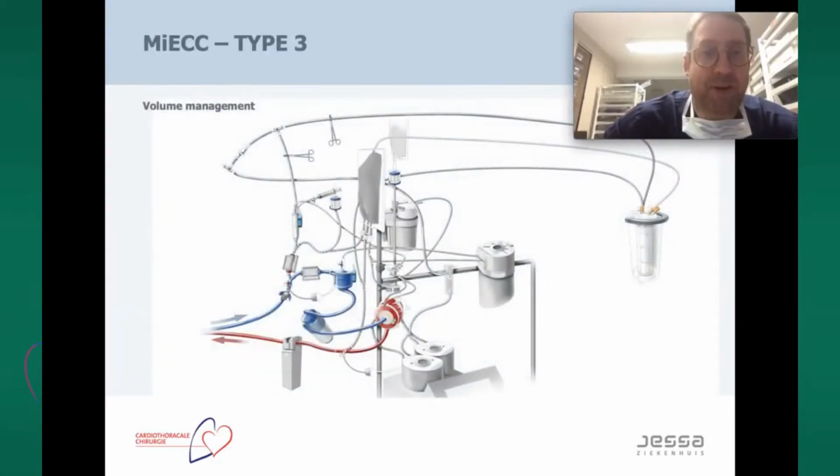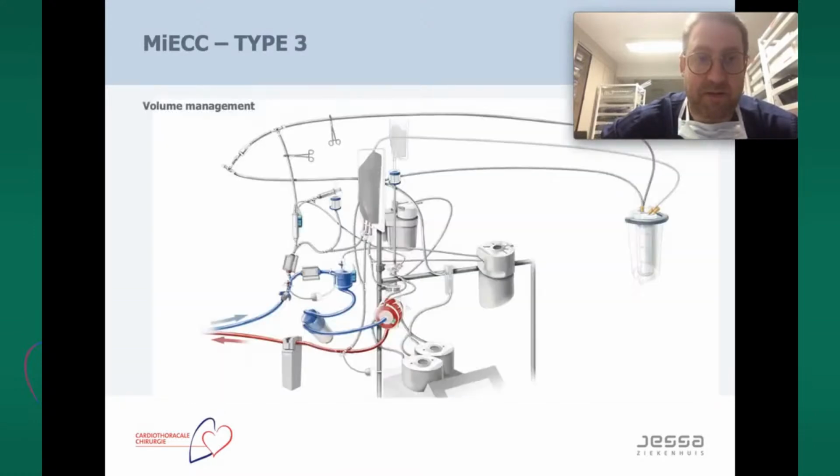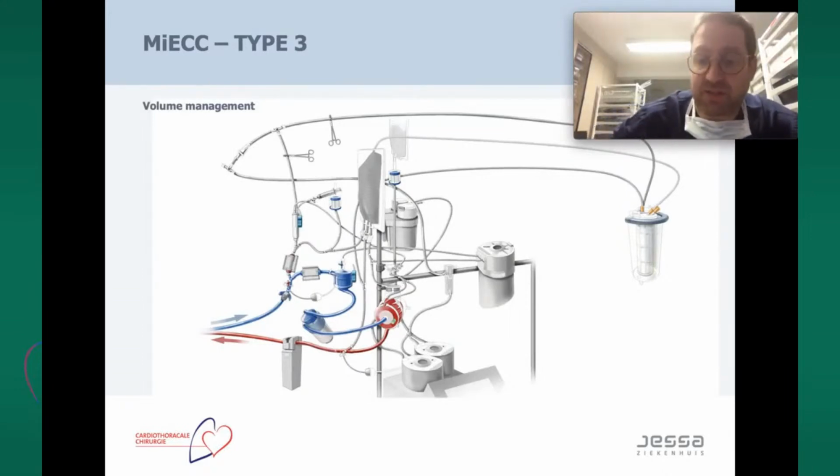So in the daily practice, as I mentioned, we have a type 3, so we can store blood in the back. And this is mainly used in closed procedures, closed heart procedures like an endoscopic CABG or an AVR if you're using a pulmonary artery vent. So this is also perfectly possible.